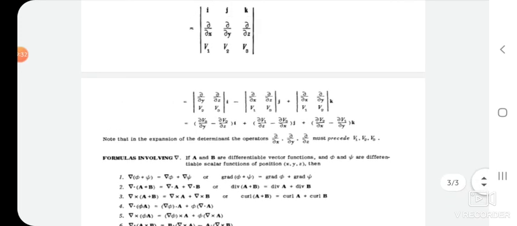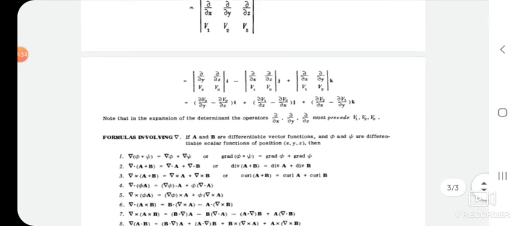Okay, if we solve that determinant, that is the minor of ∂/∂y ∂/∂z, v2 v3 times i, minus ∂/∂x ∂/∂z, v1 v3 times j, plus ∂/∂x ∂/∂y, v1 v2 times k.